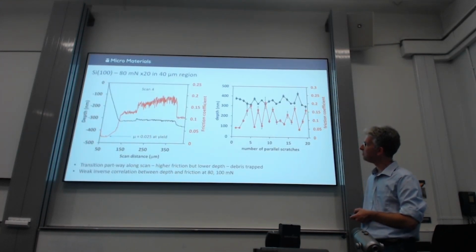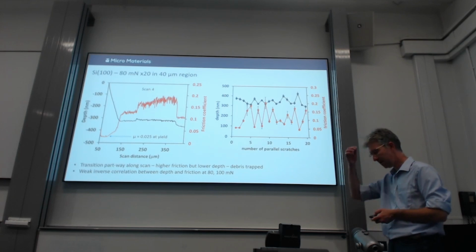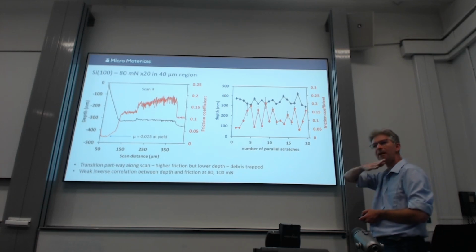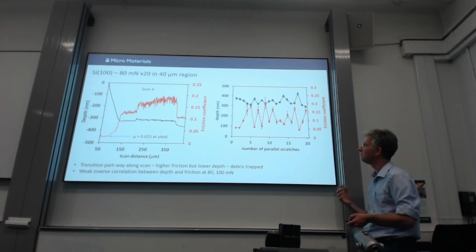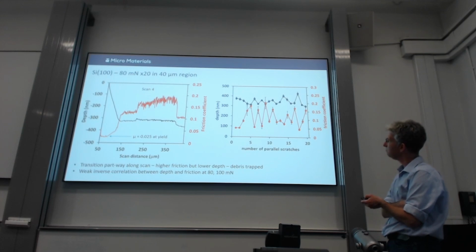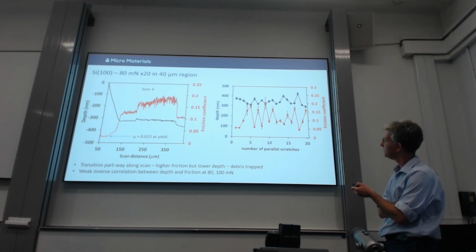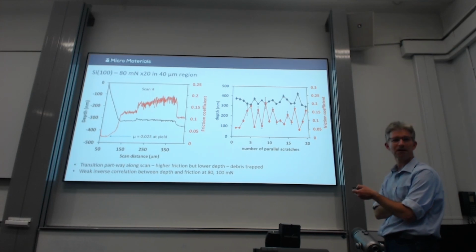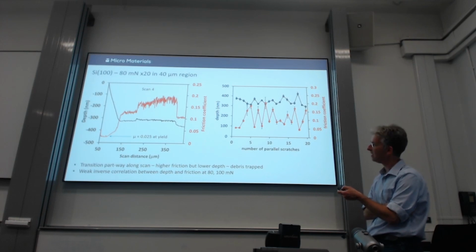What's nice is then you can look in more detail. So you can use this mean parameter across the track length or across the region of interest. What's particularly interesting at low force is that we can look at something like this test where there's not much damage, and the depth doesn't change too much in the test, but the friction seems to go up and down. Well, that's a bit odd. Why is that?